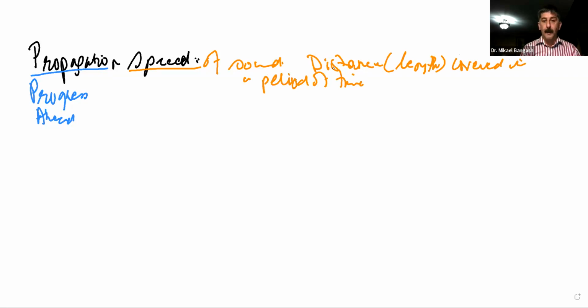And if we look at this definition, it also gives us the unit for speed, which can be any unit of distance over any unit of time.